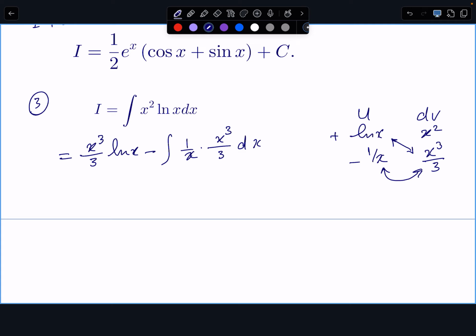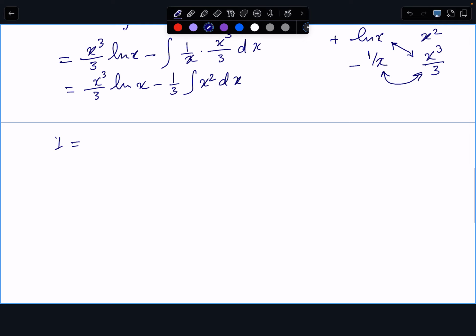So x cubed divided by x is x squared, so this is 1/3 x squared dx. And now we have I equals x cubed divided by 3 ln of x minus 1/9 x cubed plus c. Why 1/9? Because x squared becomes x cubed divided by 3.